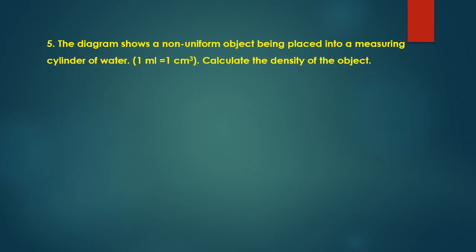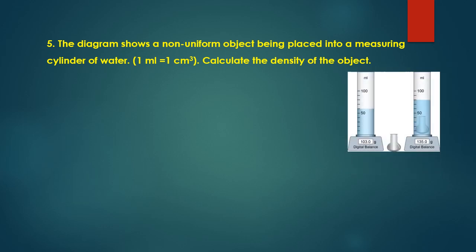Now let's move on to question 5. You have been shown a diagram, and they are asking you to calculate the density of the object. The options are given to you. When you think about density, the first thing that should come to your mind is the equation: density is mass divided by volume. So now you have to look for the means to find mass and volume.